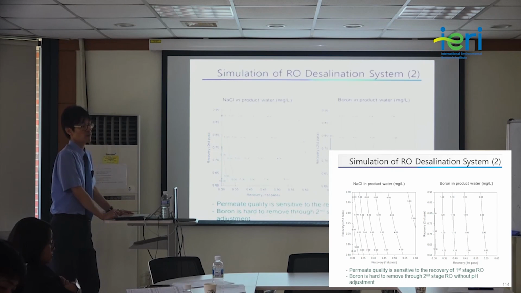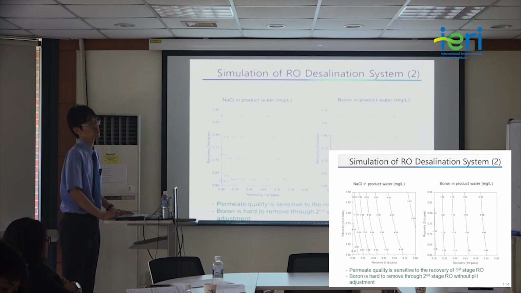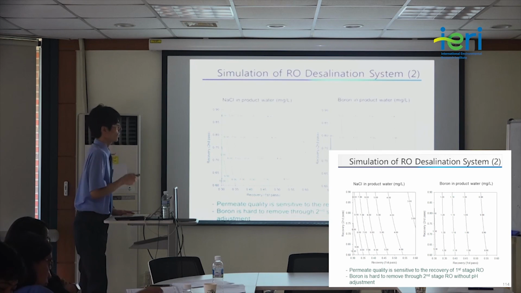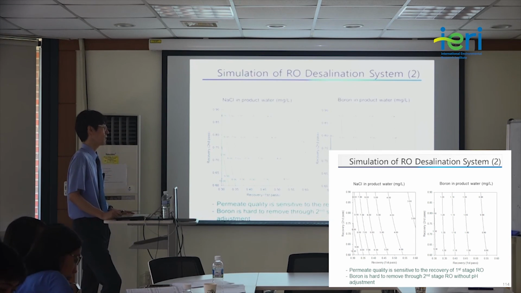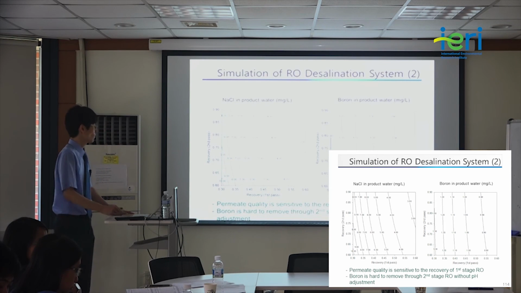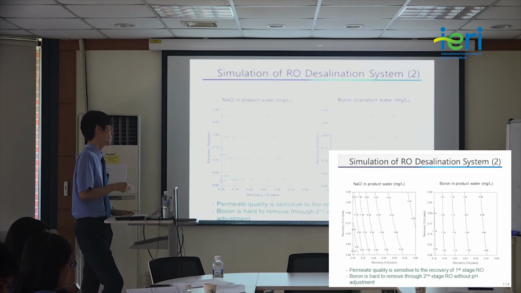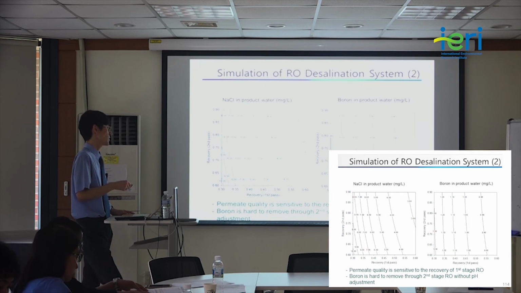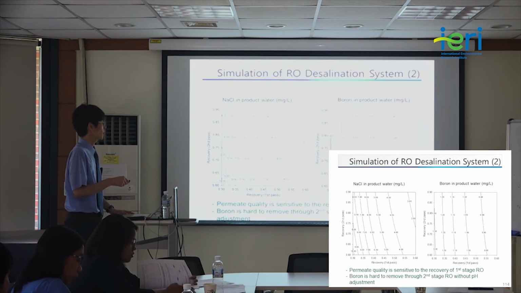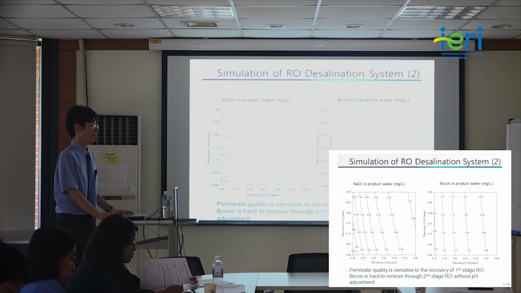In fact, boron was difficult to remove by a second pass reverse osmosis membrane, and since its rejection is low, it shows different behavior with the changes of the recovery. So boron was hard to remove through second pass reverse osmosis without adjusting the pH.